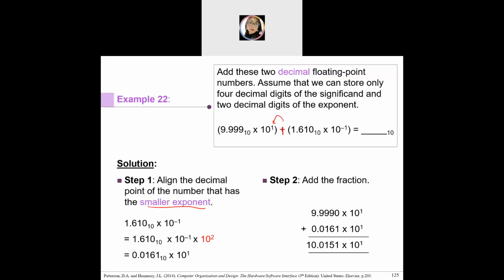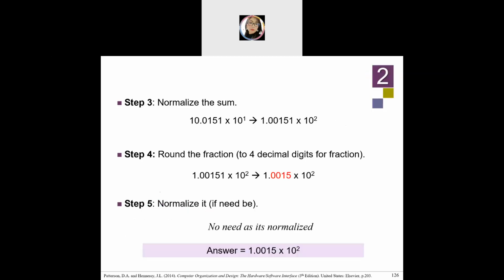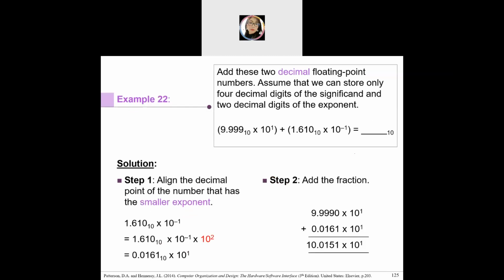So for here, the smallest needs to change to be the biggest. Actually, it works either way, because the most important thing is that later on you need to normalize. You can have the smallest or biggest, as in normal mathematics. For this, from the smallest, you want to make sure it's similar to the biggest one.